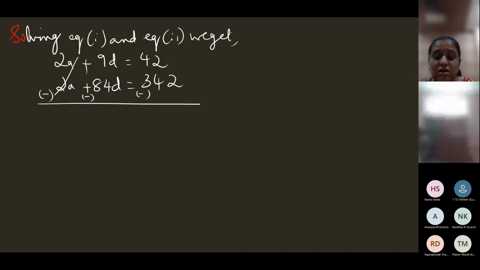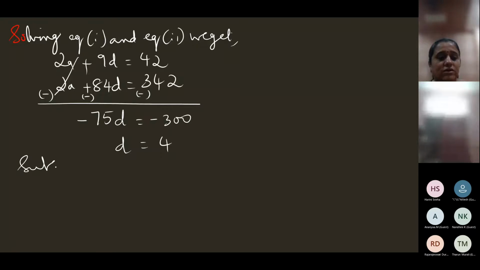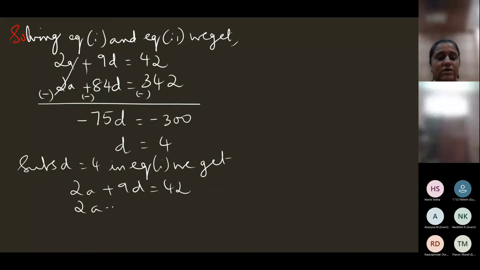A36. Yes, ma'am. If you don't understand that, you ask me, and I did explain that. Yeah, so Harini and Tarun were right. A I haven't found. So substituting d is equal to 4 in equation 1, we get 2a plus 9d is equal to 42. 2a plus 9 into 4 is equal to 42. 2a plus 36 is equal to 42. 2a is equal to 6.